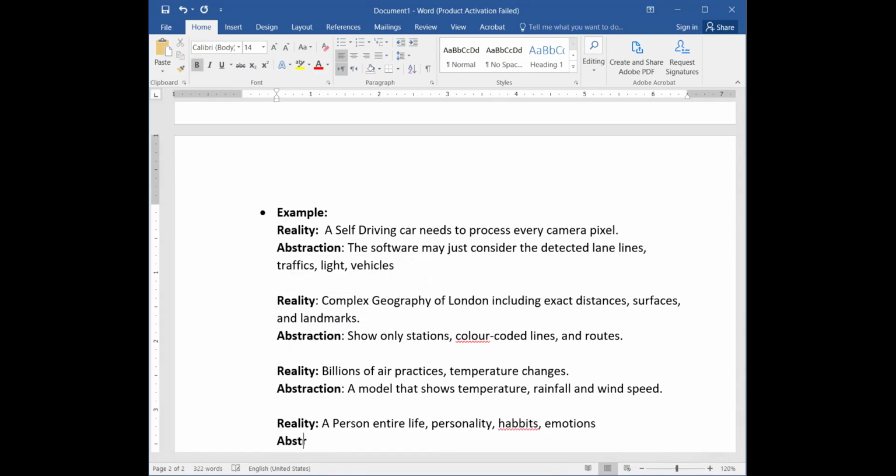And when you do the abstraction, it's only the name, profile picture, posts, likes of the person, right? Yeah. So that's how we are differentiating them.